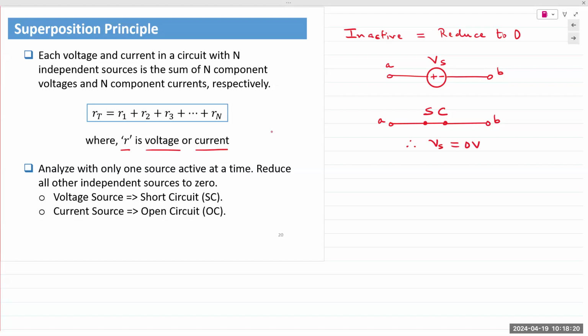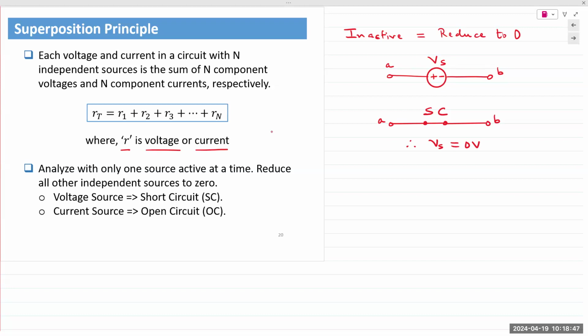This is the lab that students will perform next week. We use dual power supplies, 2 power supplies at the same time, where the voltage source is reduced to 0. In the lab and also outside of the lab, if it states short the terminals or the power supply terminals to reduce it to 0, it does not mean that you're shorting out the actual power supply.